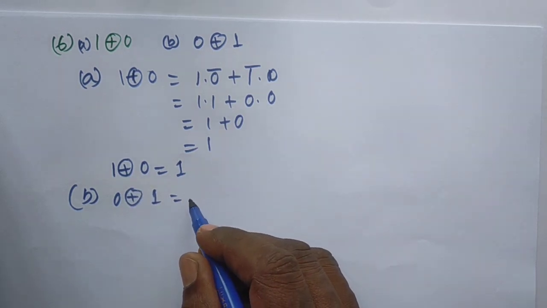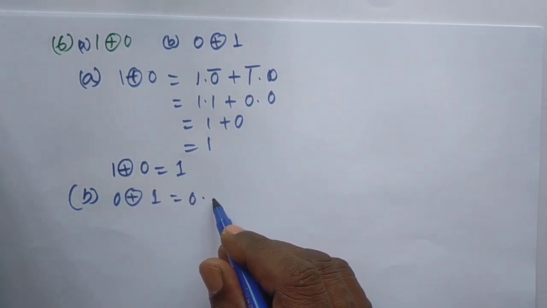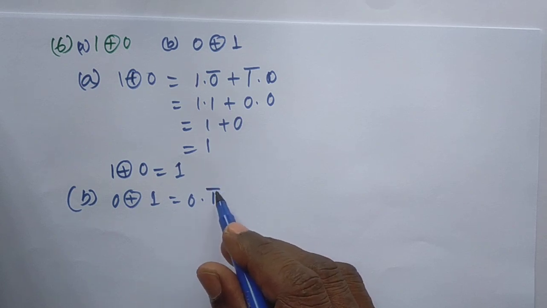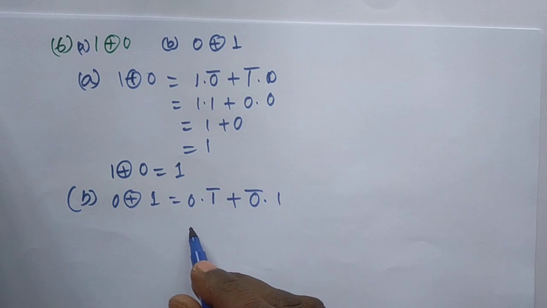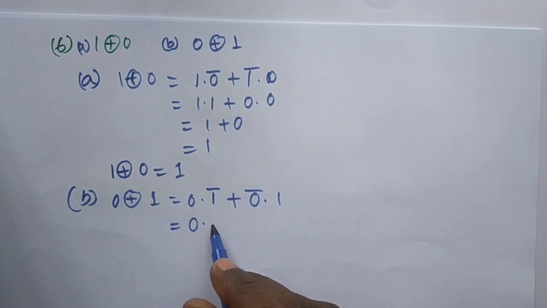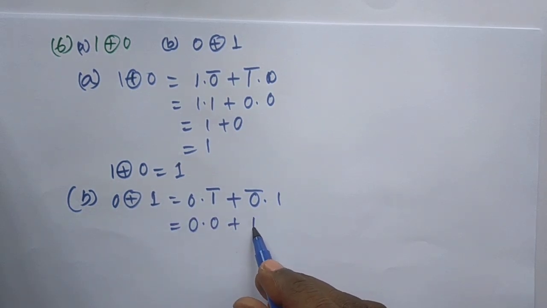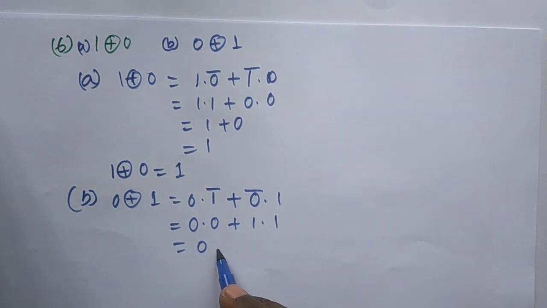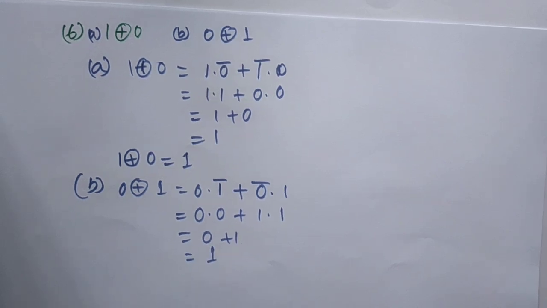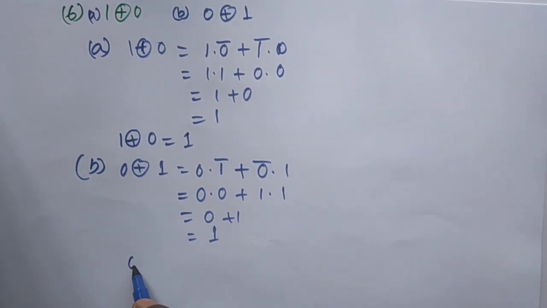Same case, 0 into 1 complement plus 0 complement into 1. That is 0 into 0 plus 1 into 1, that is 0 plus 1. So that is 1. That means 0 XOR with 1 is equal to 1.